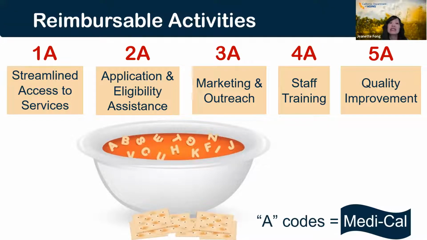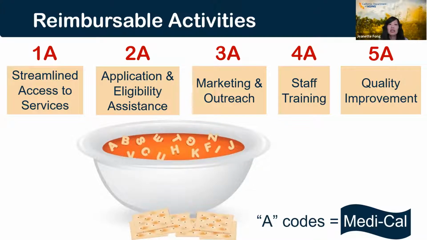So it makes sense that training would be included as an administrative activity that supports the Medi-Cal program. CalAIM, for example, is a big hot topic nowadays. So any trainings or webinars on CalAIM would fall under this code. Same thing with any trainings on any of the Medi-Cal waiver programs, MSSP, assisted living waiver, even CCT.